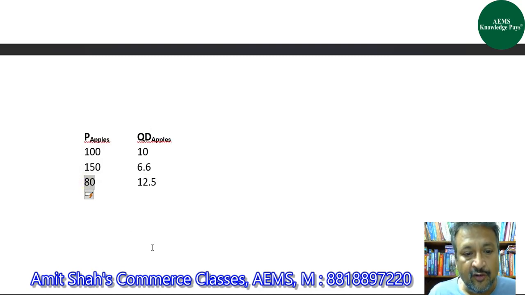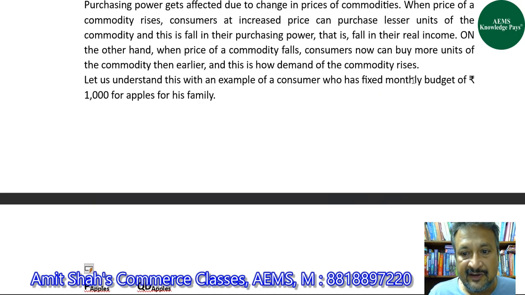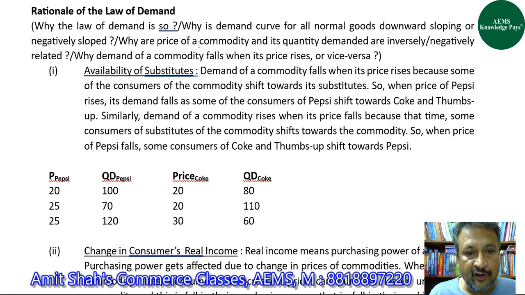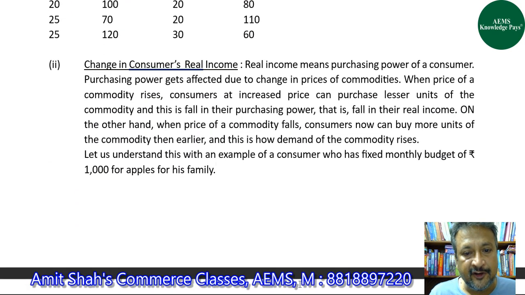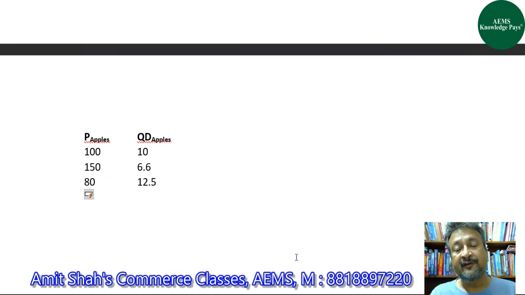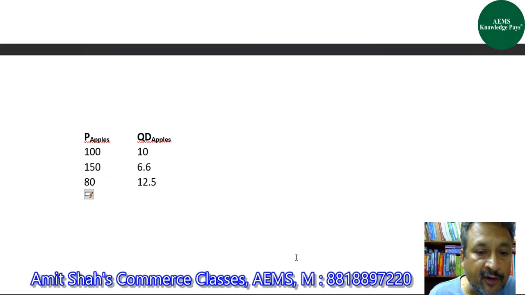And when price fell down to 80 per kg, now he is able to purchase more in the same budget, right? So we are done with these 2 points of rationale of the law of demand. I hope you have understood these 2 points as to why there is inverse relationship between price and quantity demanded of a commodity.